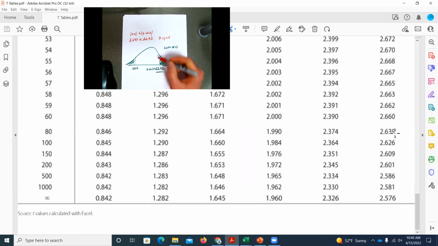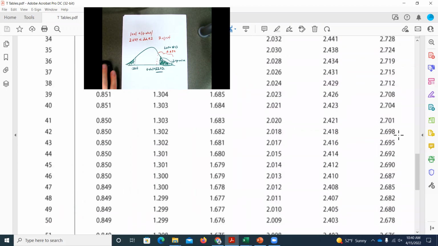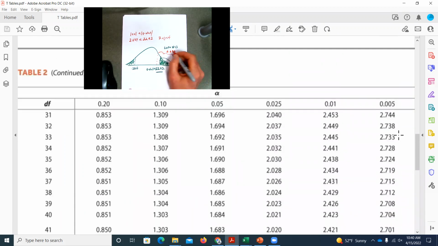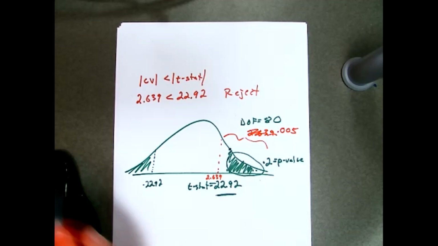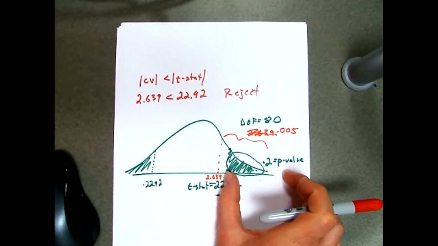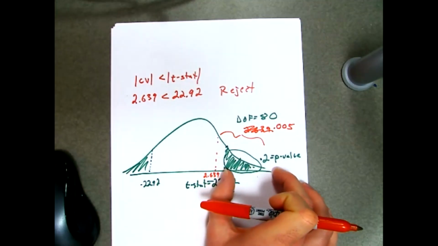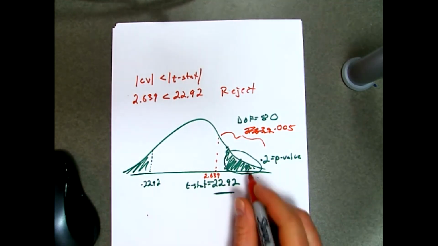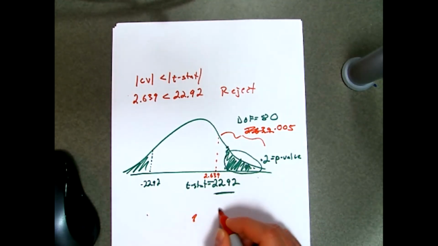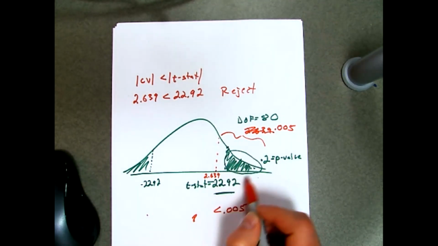However, the area to the right of 2.639 is 0.005. What's going to be true about the area to the right of 22.9? It's going to have to be smaller, right? So all I can really say here is the area in this tail is less than 0.005.